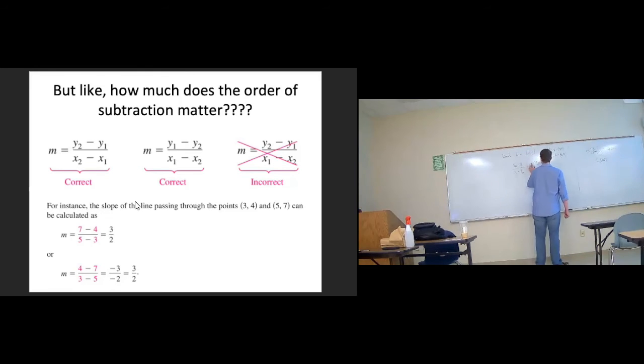Let me say 7 minus 4. And 3 minus 5. It's going to give us 3 over negative 2, which is negative 3 over 2, right? So it gives us the negative of our slope. And this is why order actually matters to a point. Preserving it top to bottom, but nothing more. Everybody cool with this? Yeah. Make sense what I'm trying to say though?